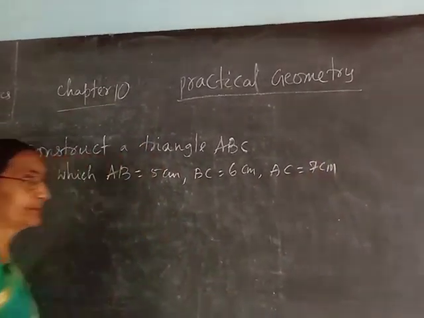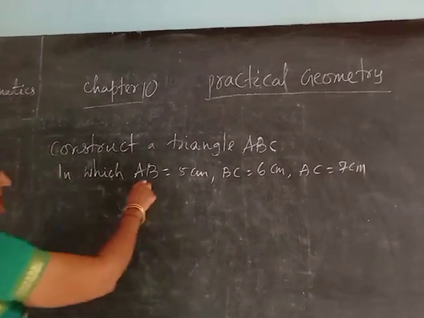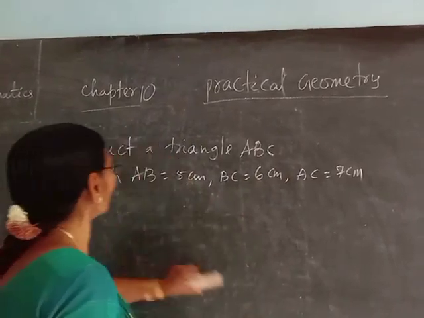Then how do we construct the triangle? Here three sides are given, so it is possible to construct a triangle.